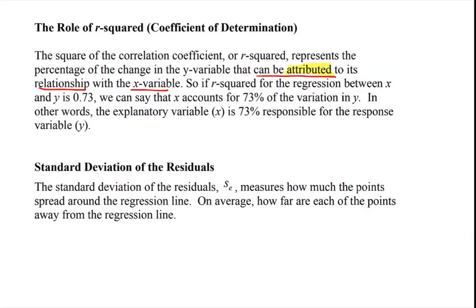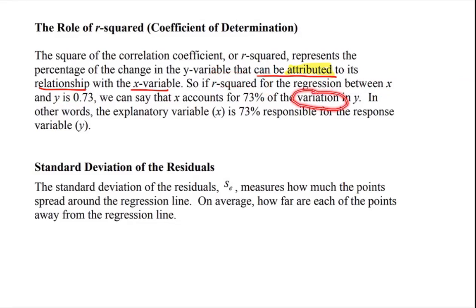Okay, so they have some fancy jargon here. It says, if R squared for the regression between X and Y is 0.73, we can say that X accounts for 73% of the variation. Variation is a word they like to use. So if it's a multiple choice question and they ask you to interpret R squared, only one of the options will have the word variation.